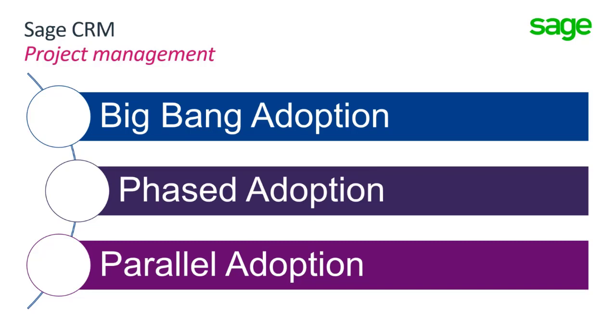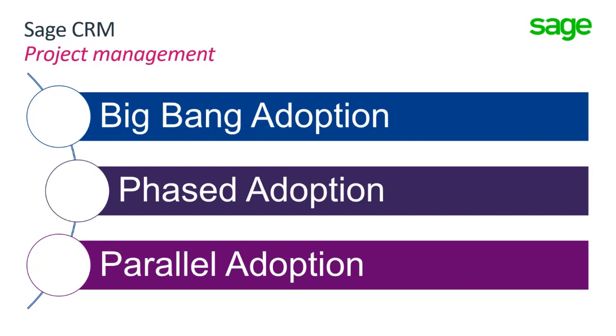So if you've got integrated Sage CRM, you are definitely going to be going with not only sales, marketing and customer service, but you're also going to be turning on the integration from day one to the accounting software. Or you take an approach where you're just going to go with sales, then marketing, then service, and then perhaps after sales, you'll have turned on the integration with the accounting system.